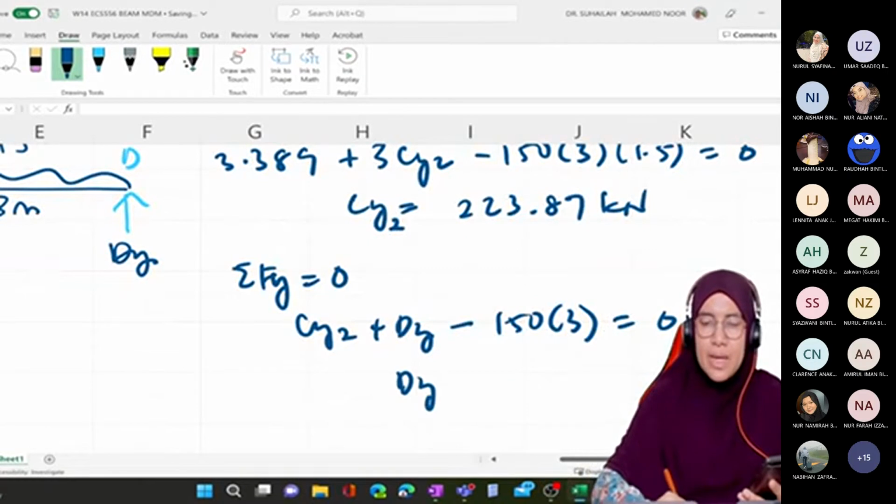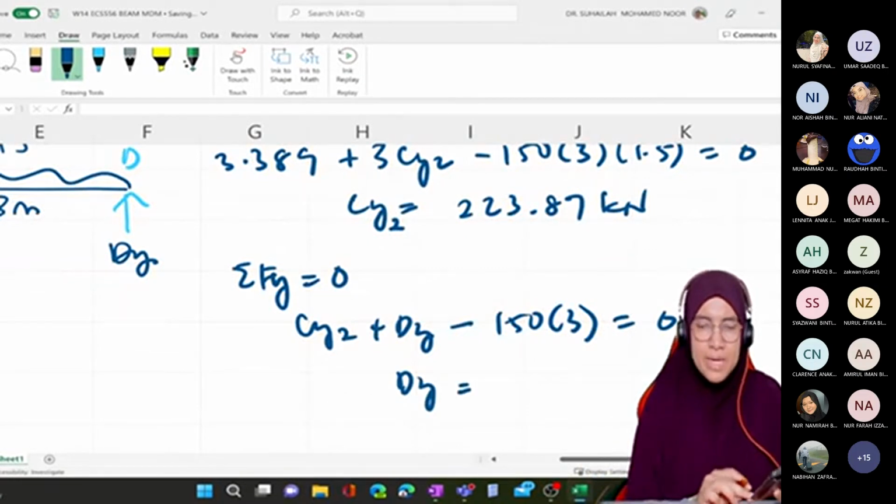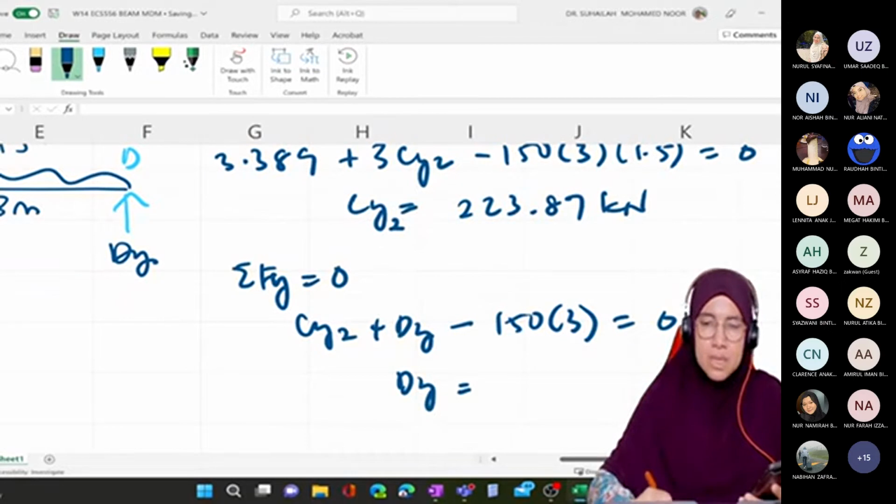So we get DY equal to 450 minus 223.87, it is 226.13.